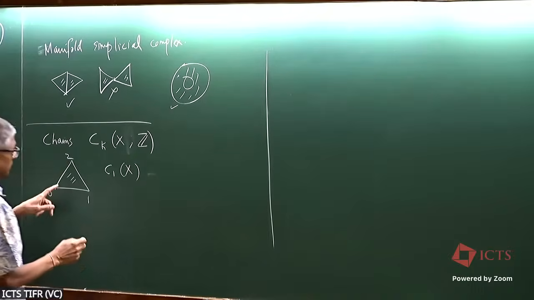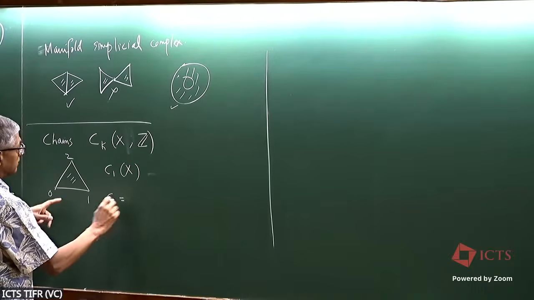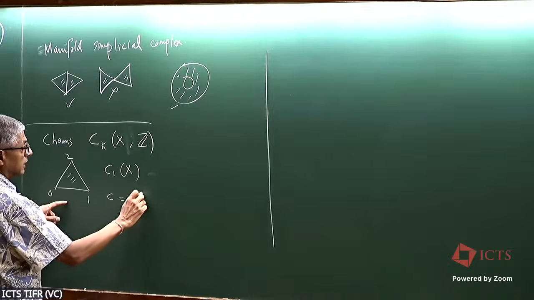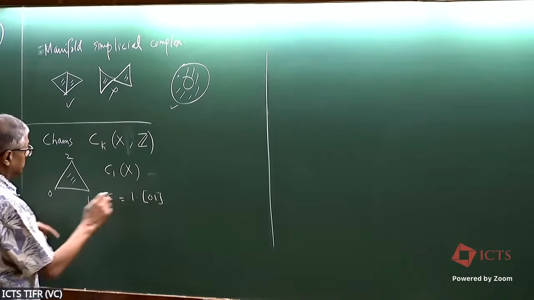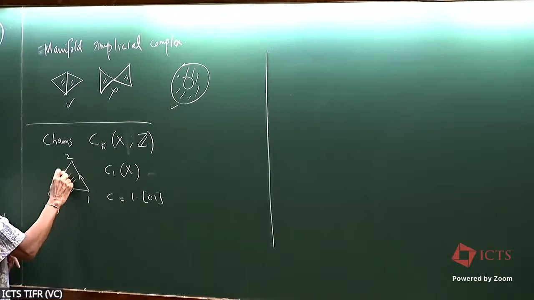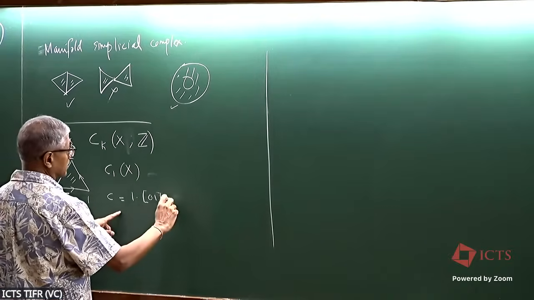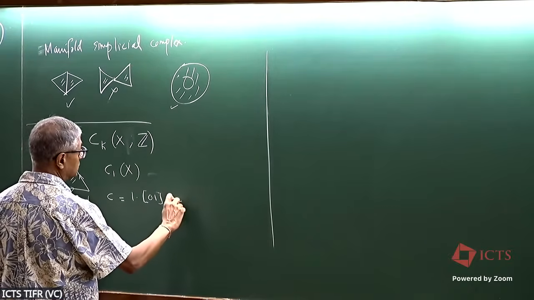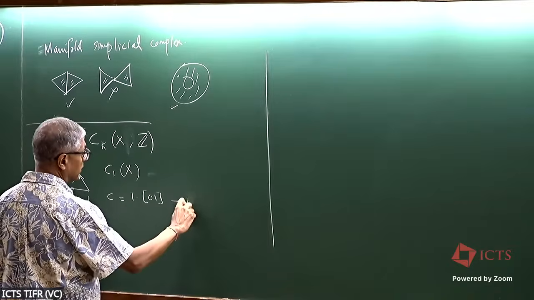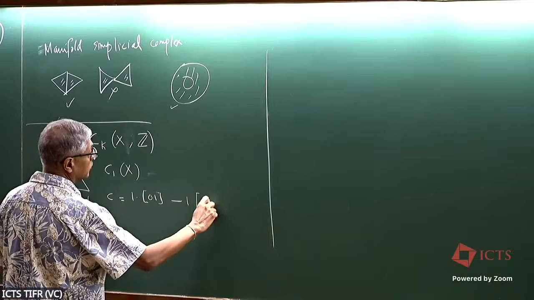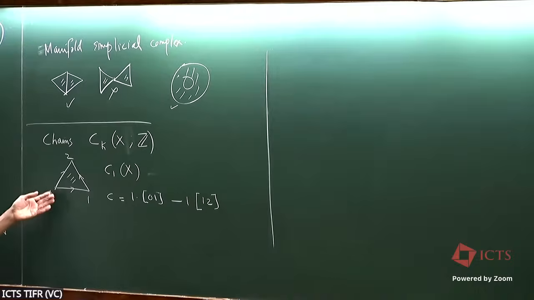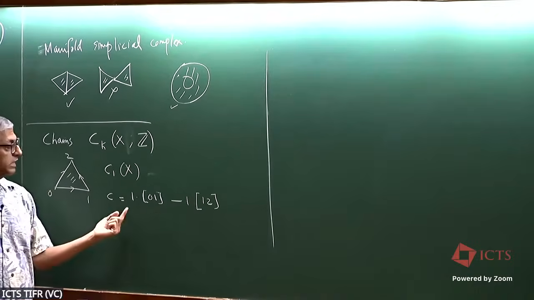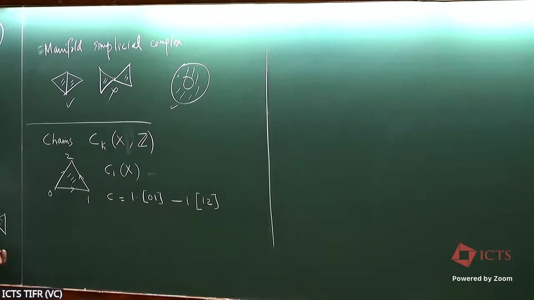So let's define a chain C, which is +1 times this face. So let's orient these. Let's say plus or minus 1 times 1, 2, and 0 times that. So it's a linear combination where the coefficients are integers. And you can use any integers, but typically you only need 0, 1, and -1 for our purposes.